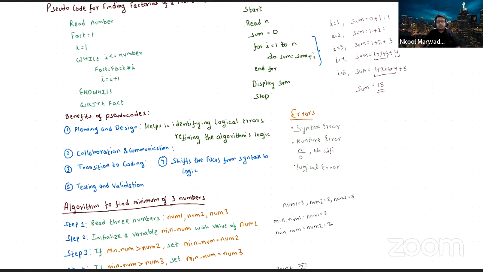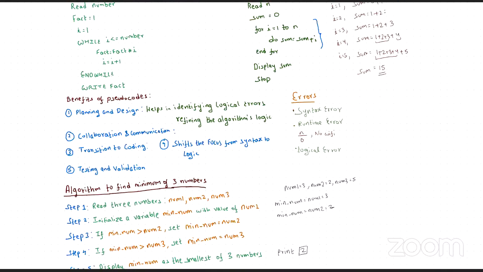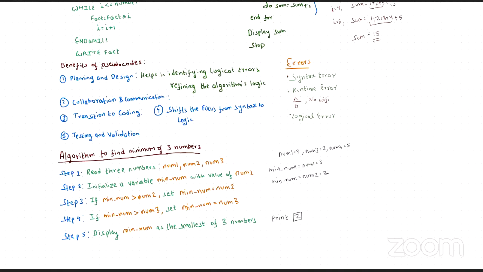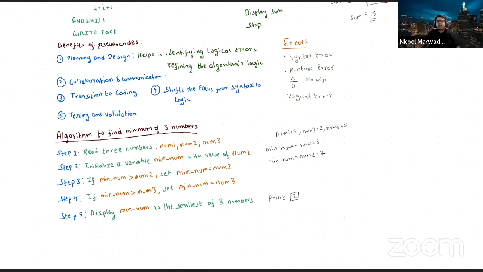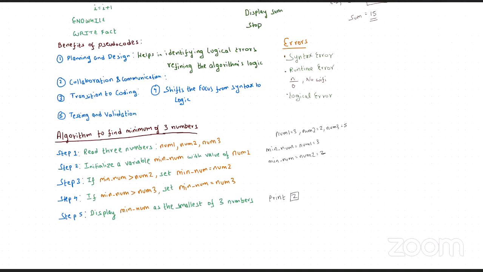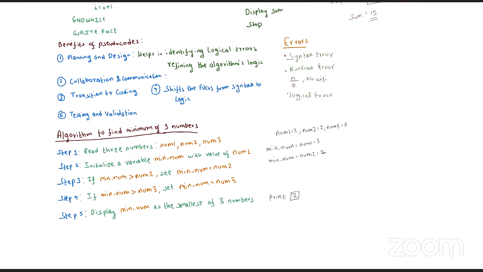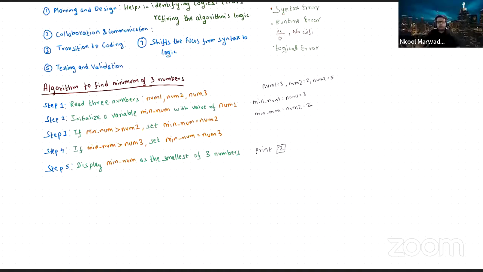We also looked into different types of errors. We looked into one algorithm to find the minimum of 3 numbers, and we simulated that algorithm for any set of 3 numbers, and you can simulate it with whatever numbers you want. So we can conclude the session.